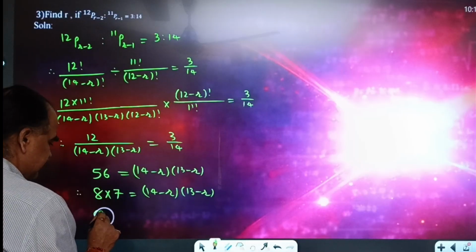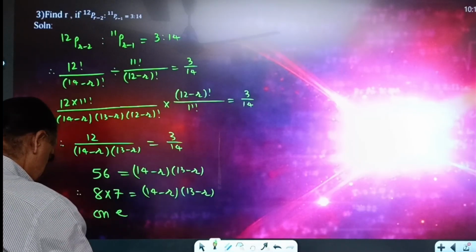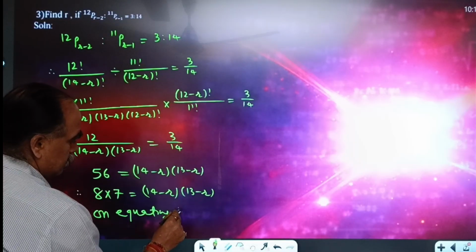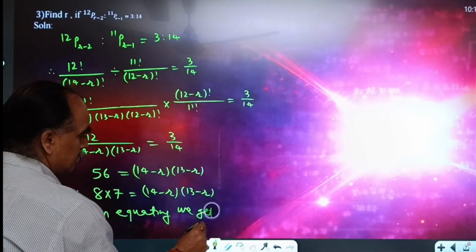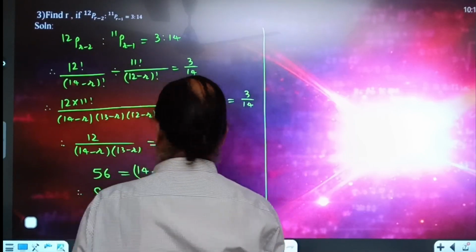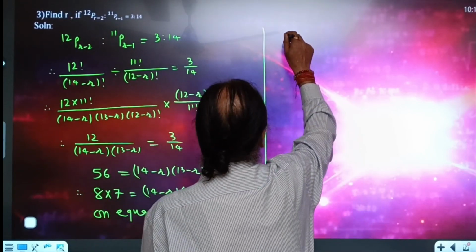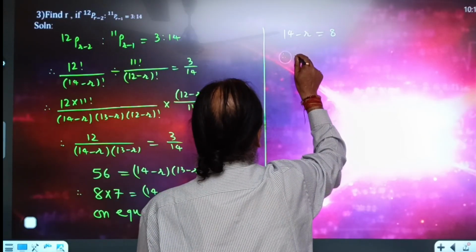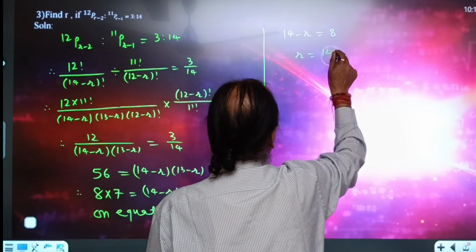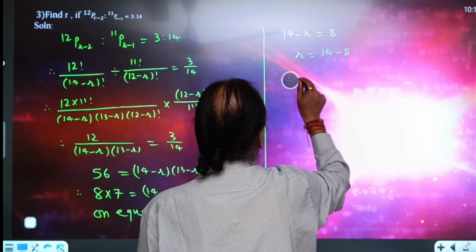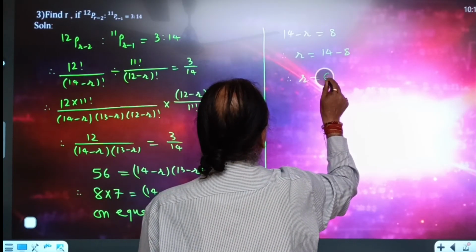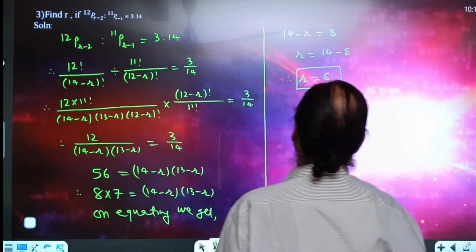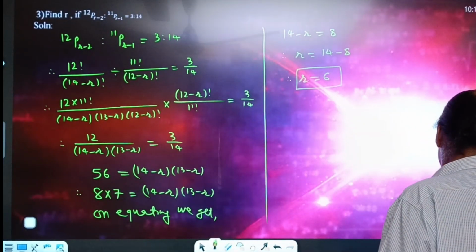On equating we get 8 is equal to 14 minus r. r is equal to 14 minus 8. r is equal to 6.